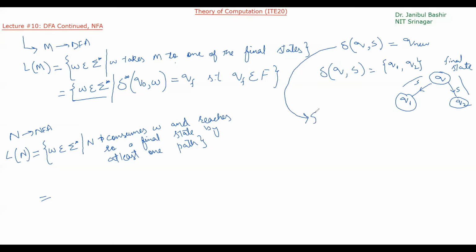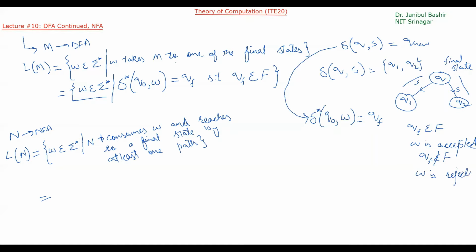For a DFA, we have the extended transition function. If we start from the start state and consume this string W, we will reach a state QF. If QF belongs to the final states, then we say W is accepted. However, if QF does not belong to the final states, then we say W is rejected.